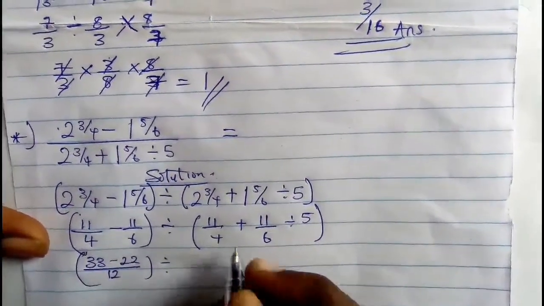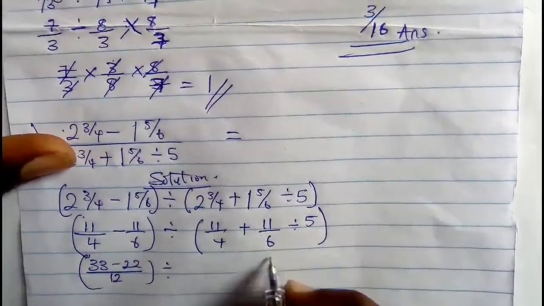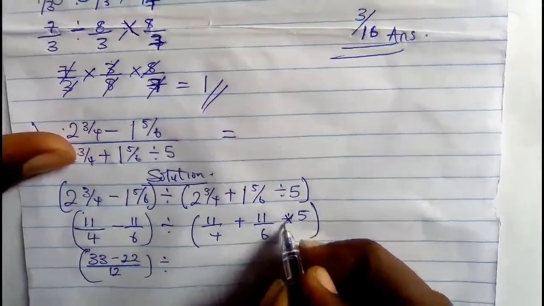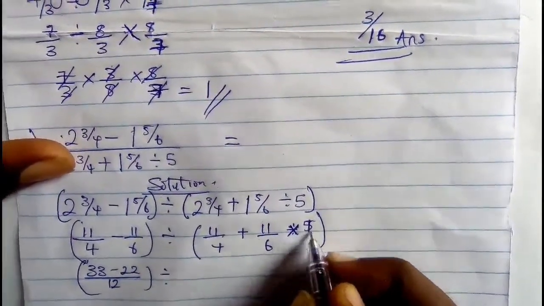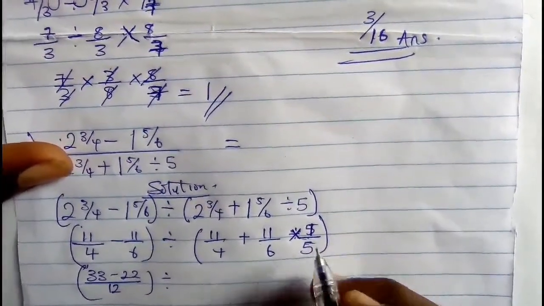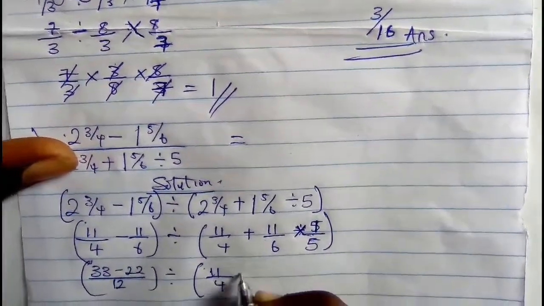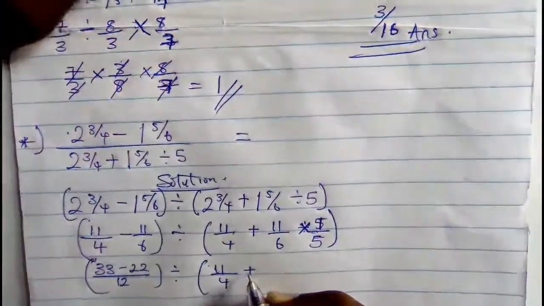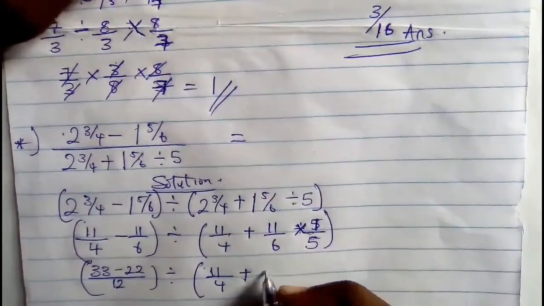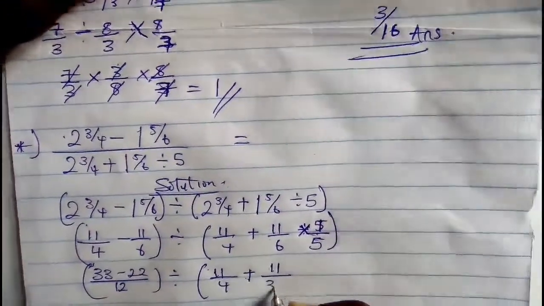From BODMAS, we need to deal with this part first. So here we change to times, and here we change to 1 all over 5. So I can write 11 all over 4 plus 11 times 1, it will give you 11, 6 times 5, it will give you 30.